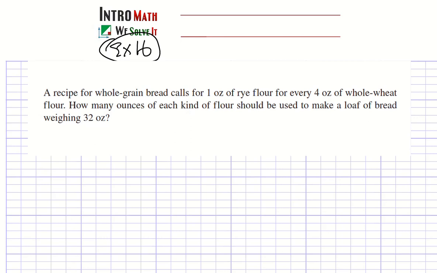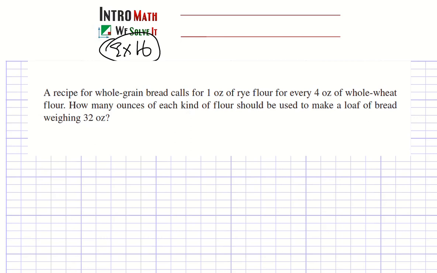The next one says what? The next one says that a recipe for whole grain bread calls for 1 ounce of rye flour for every 4 ounces of whole wheat flour.